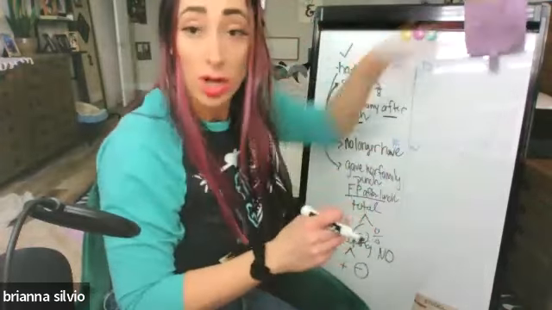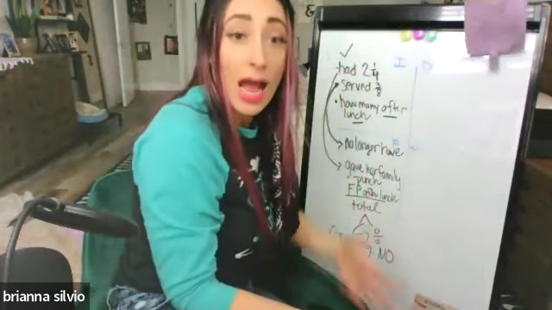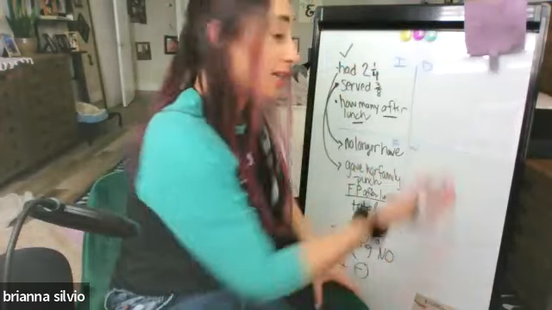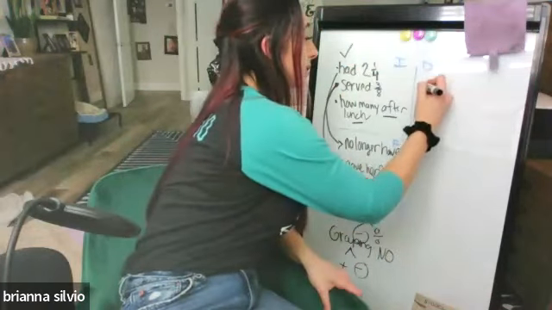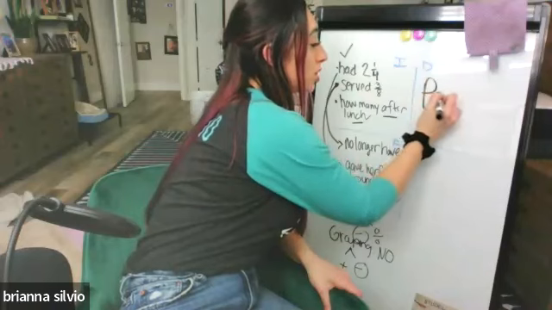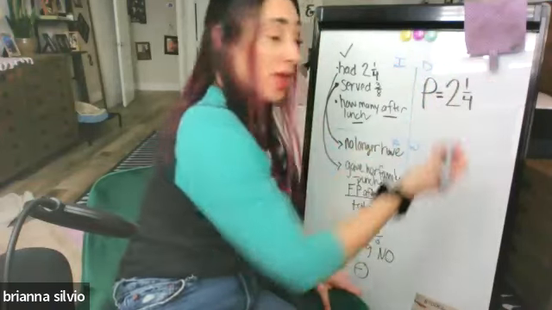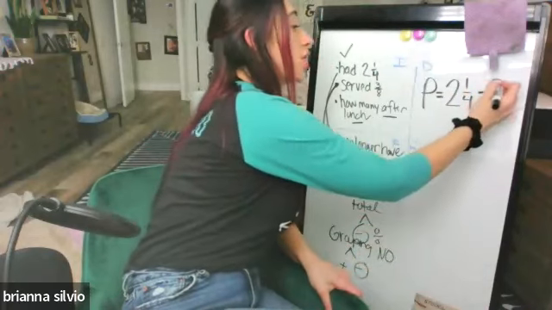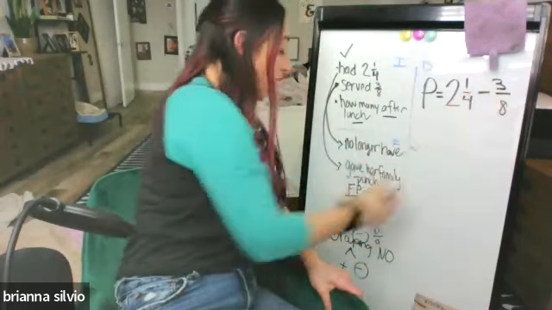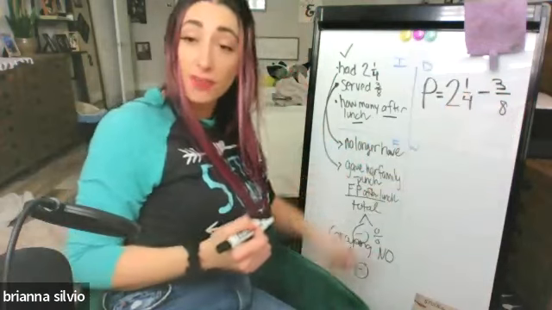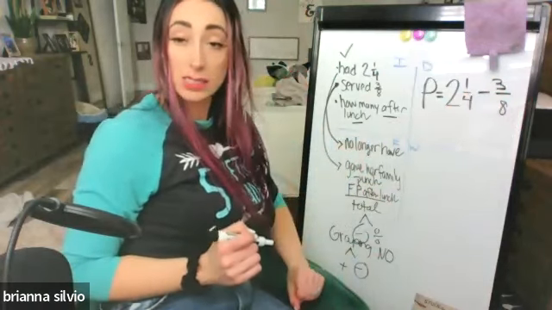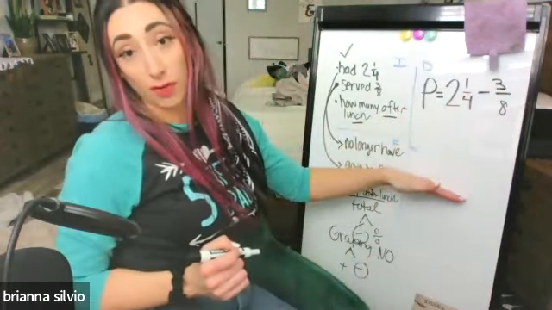What's my total, right? What am I looking for? How much she had after lunch. So I'm going to write P for punch. She starts with 2 1/4. That's how much she had. Then she went and served 3/8. We know it's subtraction because of our flow chart. There it is. And now it's time to do the workflow.